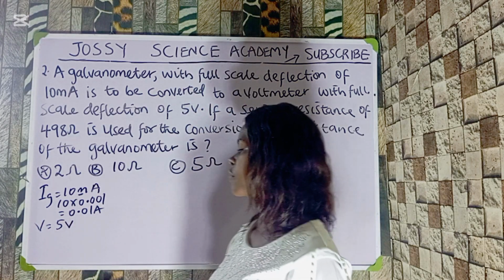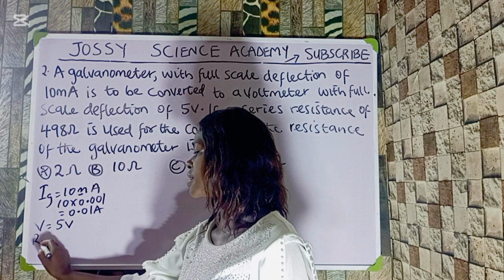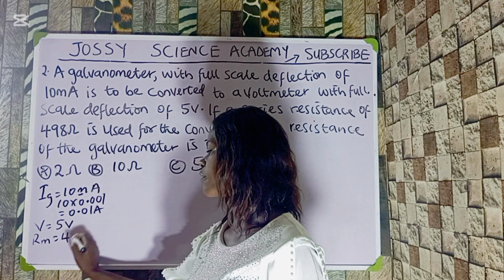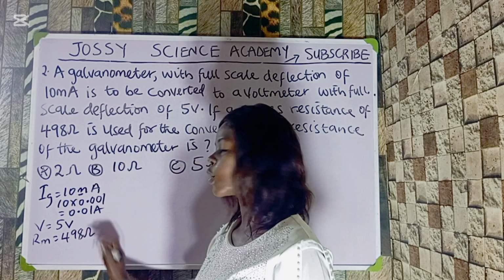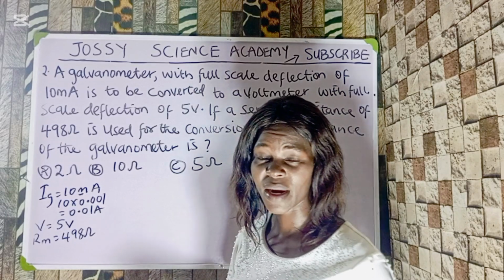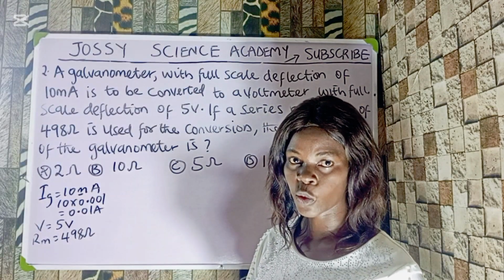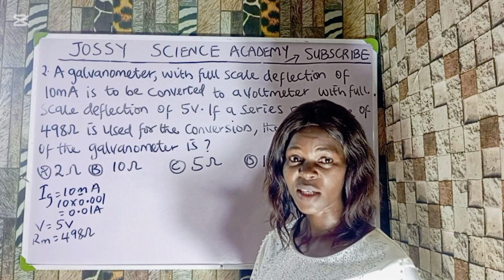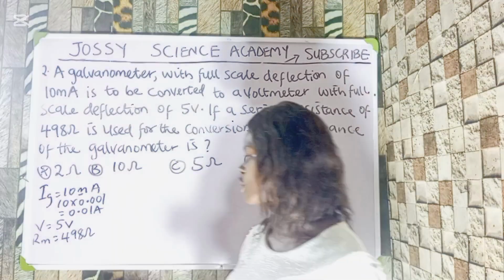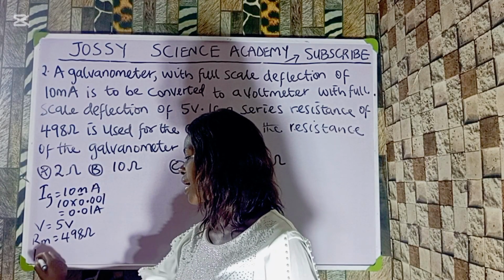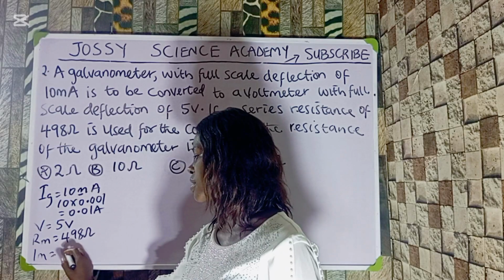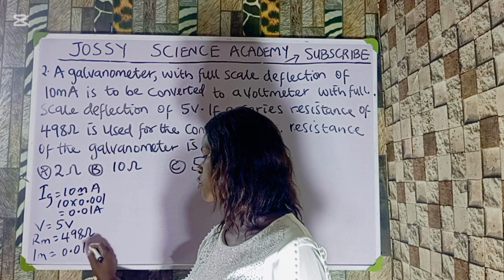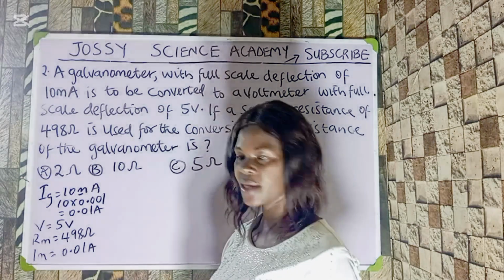The resistance of the multiplier is 498 ohms. Remember that it is the same current that flows through this circuit. The same current that is in the galvanometer is also in the multiplier. So we say that Im is equal to 0.01 amperes.